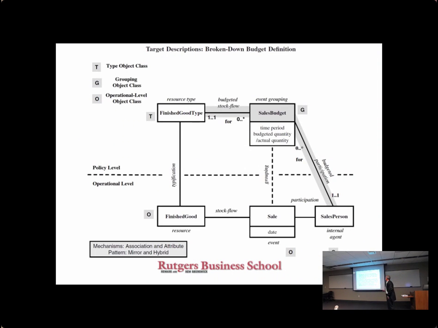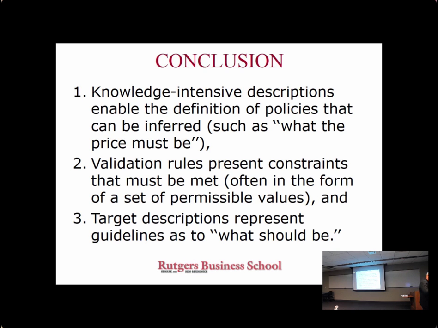So we use different types of policies. We can have knowledge-intensive descriptions where something is stated at the policy level and is just inherited down to the operational level, right? We can have validation rules which state the constraints at the policy level, and those constraints are enforced at the operational level, right?